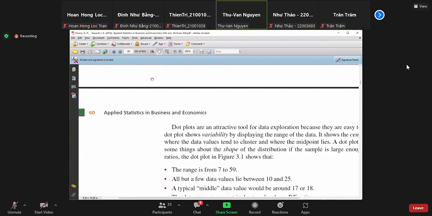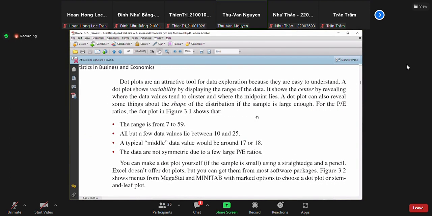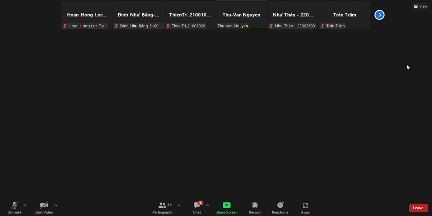Okay, so here is what you can learn from the dot plot. The range from 7 to 59, you know already, but a few data values lie between 10 and 25.